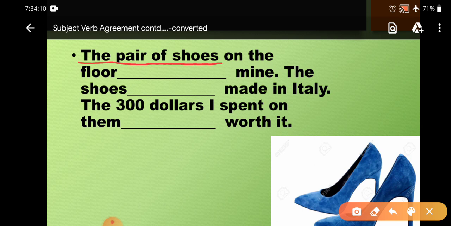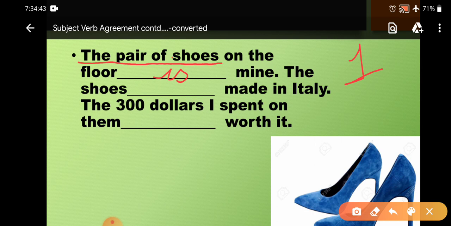This whole phrase is our subject. The pair of shoes. Look at the picture also and look at the reference. How many shoes are there? 2. But how many pairs are there? 1. Right? So it has to be singular. The pair of shoes on the floor is mine.